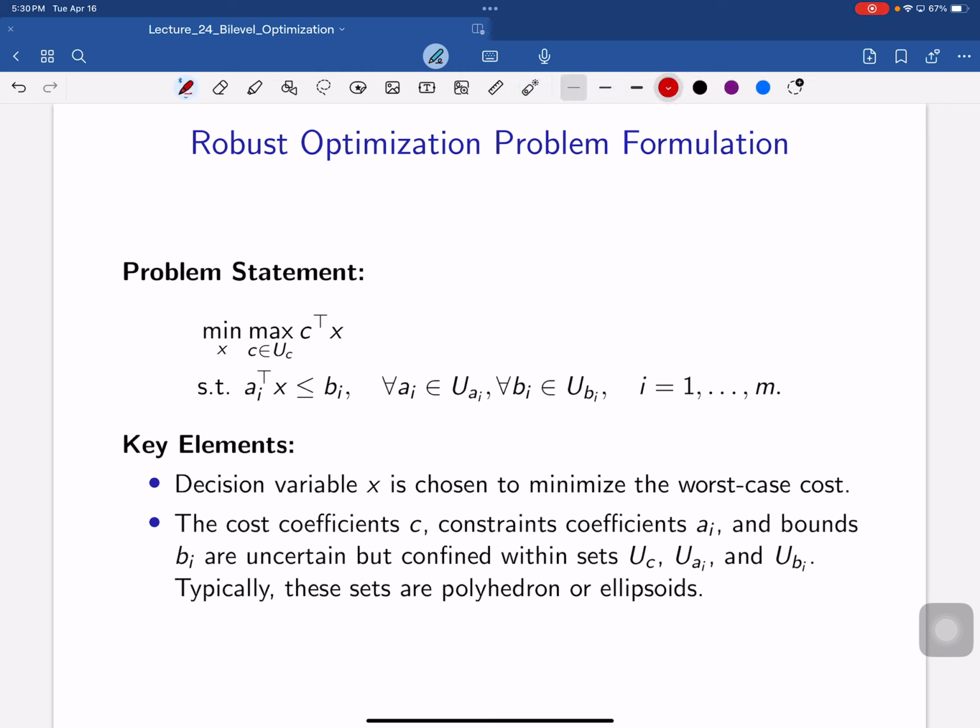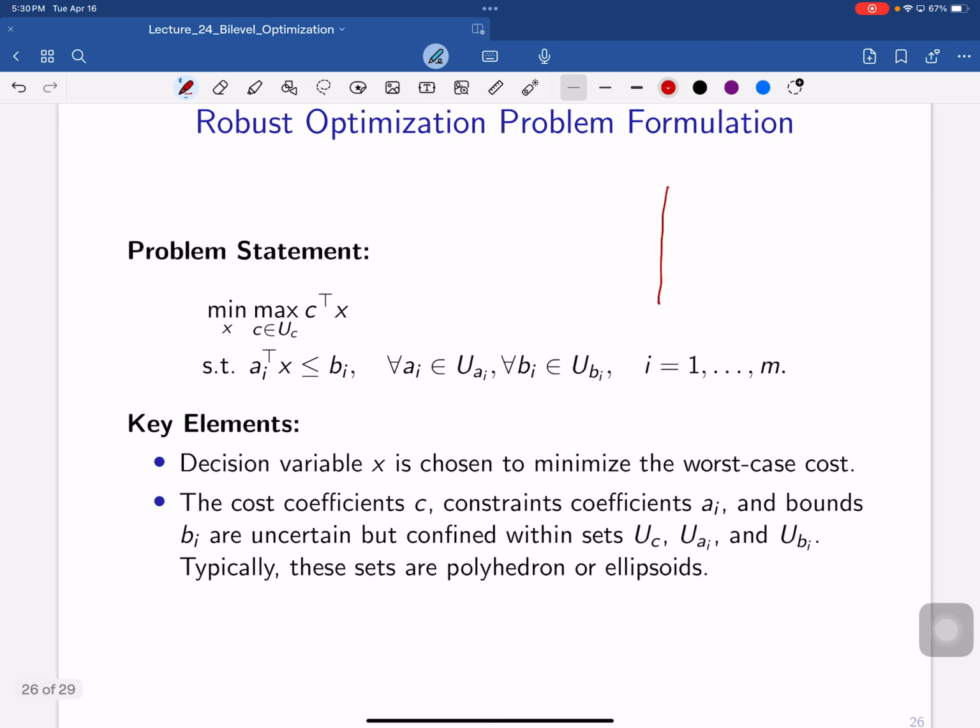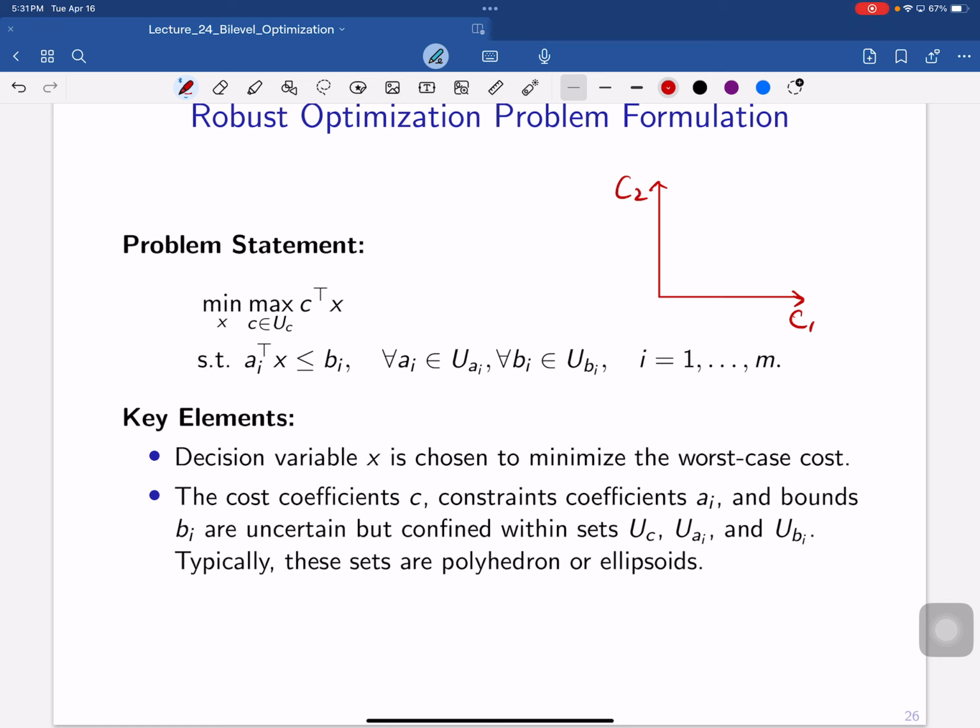For example, let's draw an example in 2D, right? So in a deterministic problem, if you have two cost coefficients, then they are deterministic. It's just a point in this 2D plane, right? But in robust optimization, you assume you don't know exactly what the cost would be.